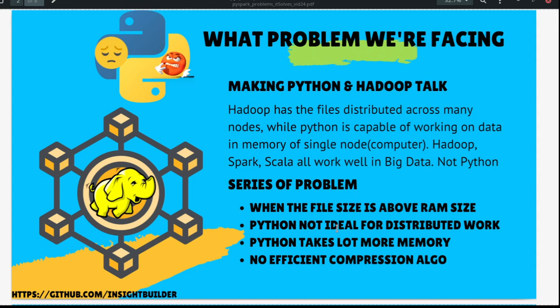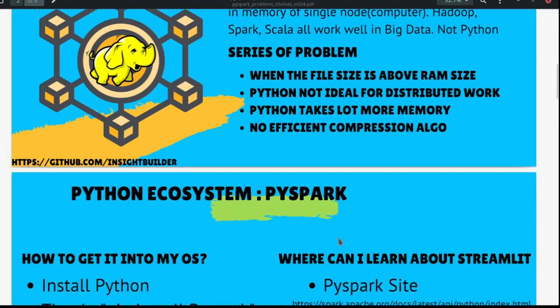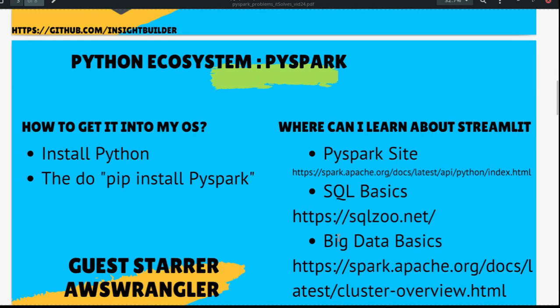You might still be thinking, okay, is there a way? That is where the Python ecosystem came up with a library called PySpark. You can just use pip install pyspark, and this will install a very huge library. Ensure that you have good internet stability so that you can completely install this library.